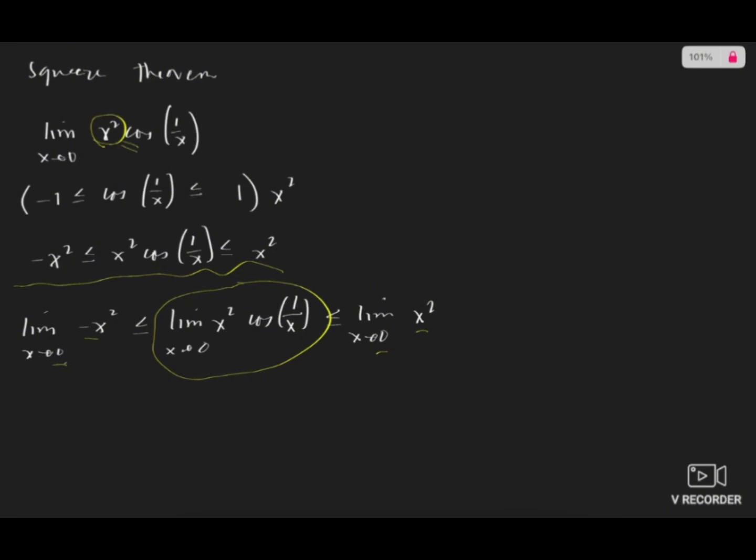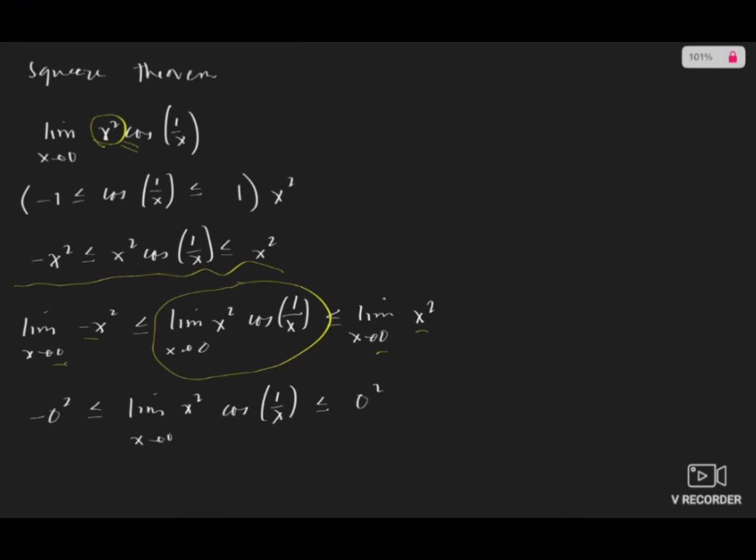So let's simplify. So let's substitute rather. So we have -0 squared less than or equal to the limit of x squared, which is x approaches 0, cosine 1 over x, less than or equal to 0 squared.